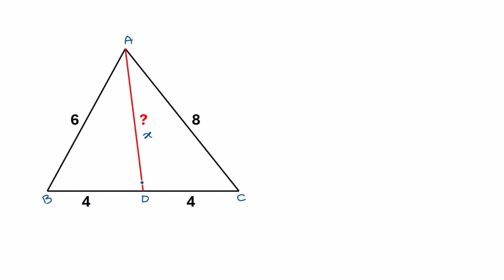As AD is the median of this triangle, according to Apollonius theorem, we can write AB square plus this AC square is equal to 2 times of this BD square plus this AD square.